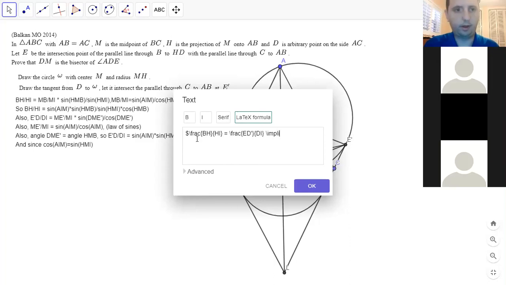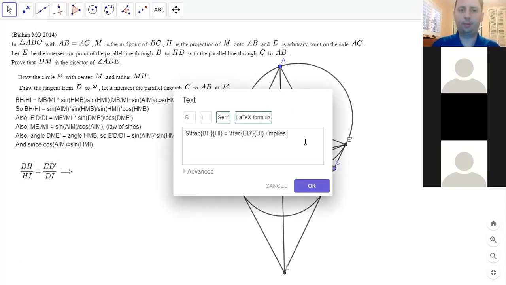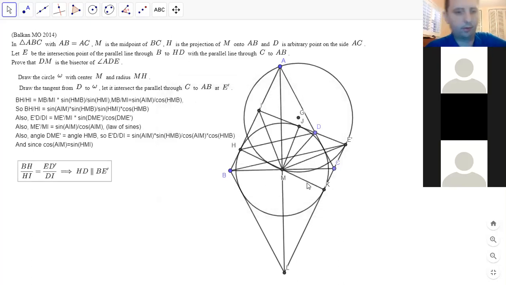And that means that HD is parallel to BE prime. I'm sure there was an easier solution. Yeah. So we'll go back to it if we solve the rest.